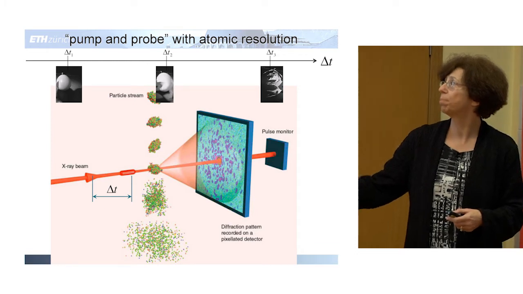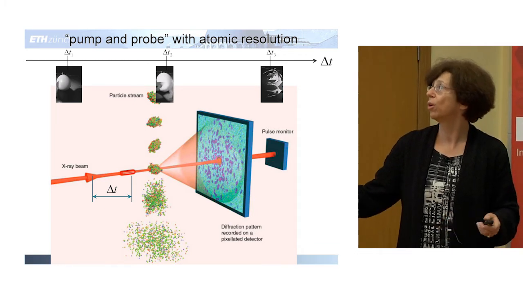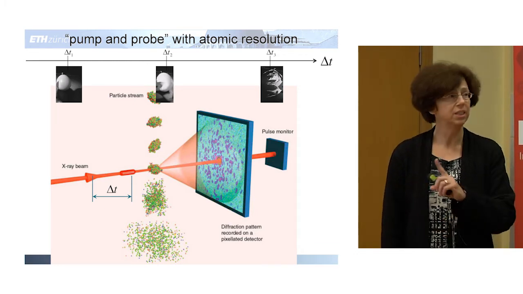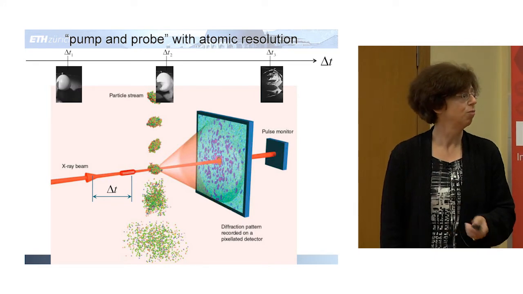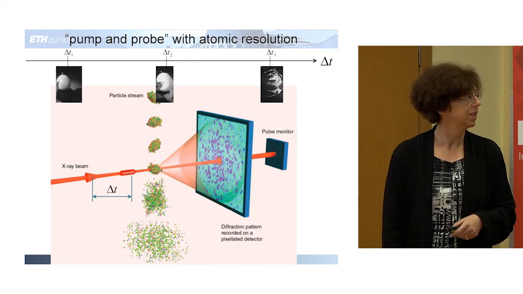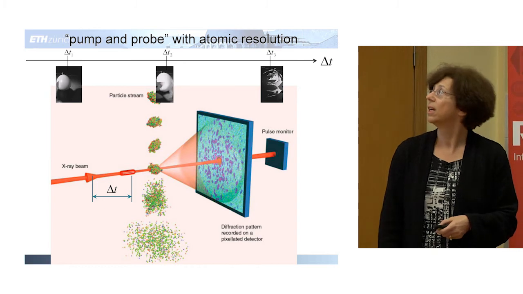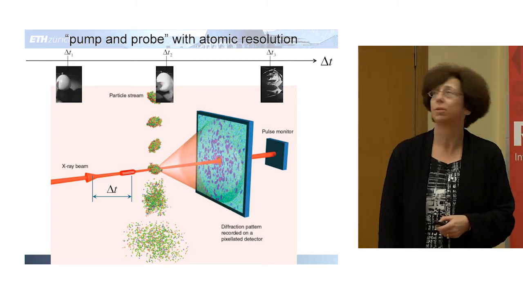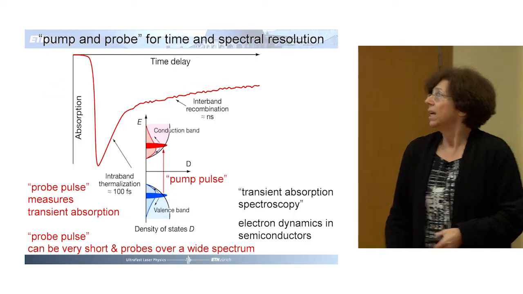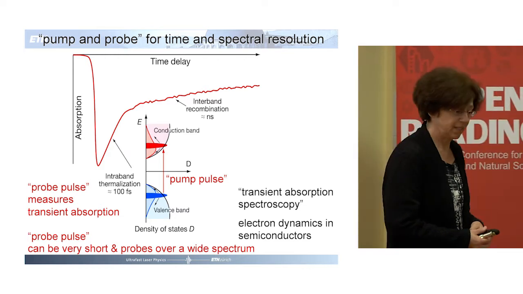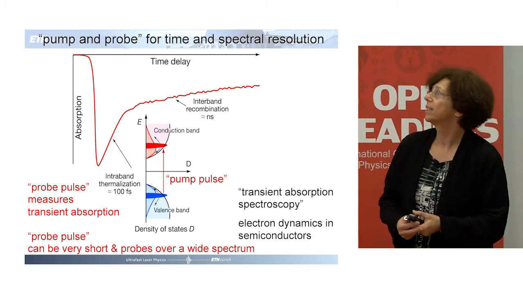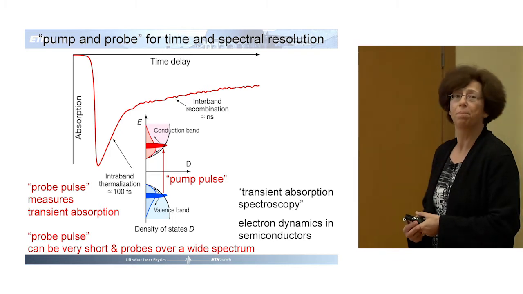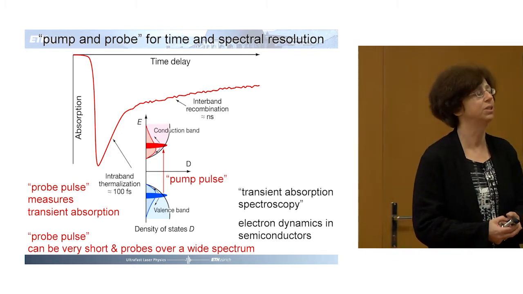And you can step nicely through this and get the whole dynamics out of it. This is one reason why all over the world people are building XFELs to make that kind of measurement. So in the 70s and in the 80s, this kind of pump probe technique has been extremely successful.